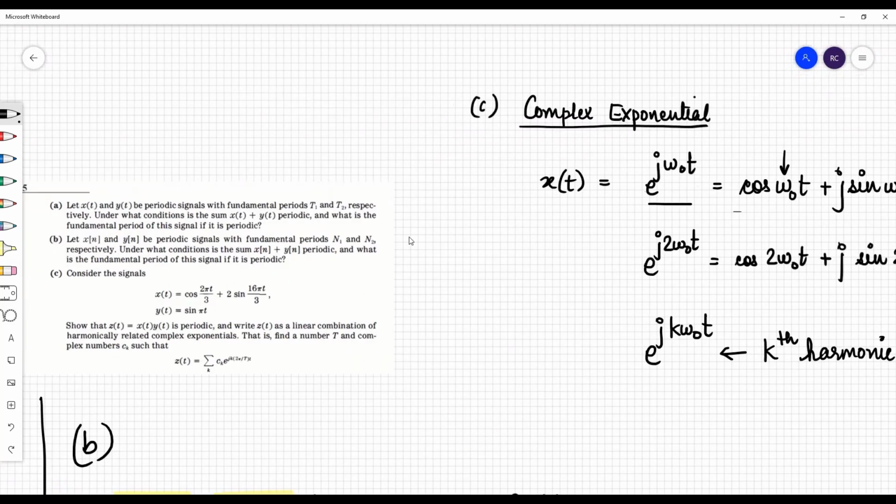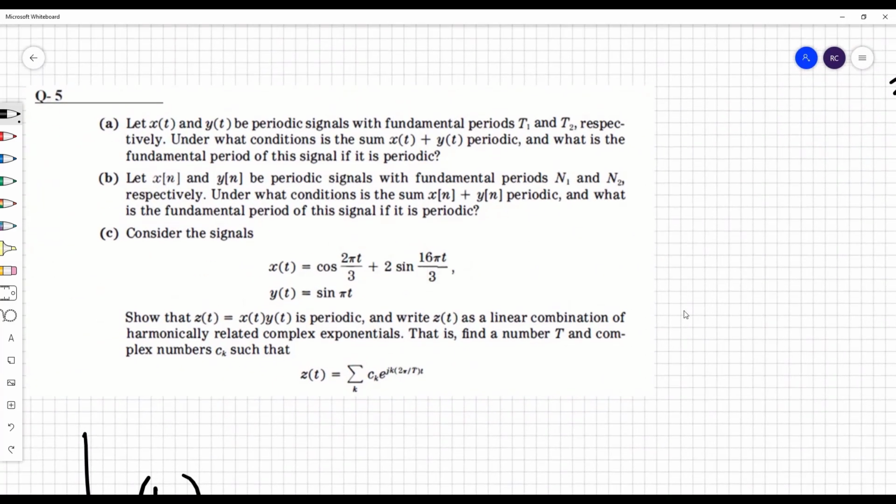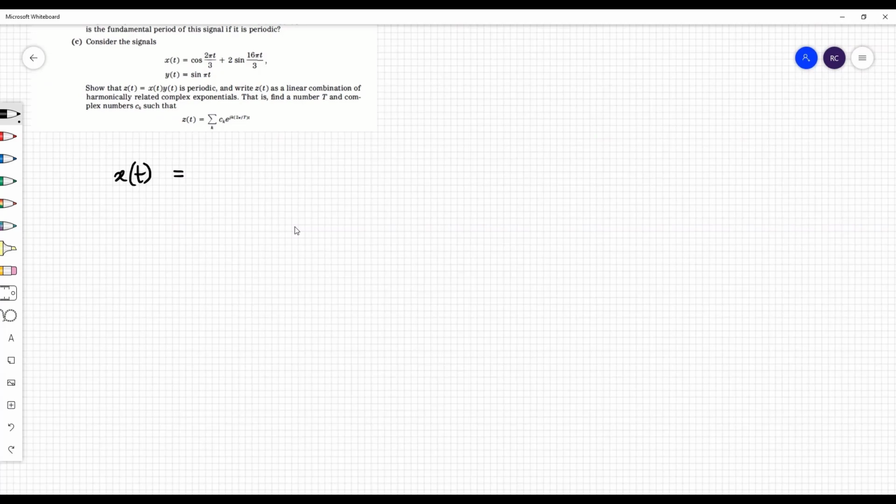So the question is giving us two signals, x(t) and y(t). I'm going to write both x(t) and y(t) in terms of complex exponentials because it would be easier to find a product. So x(t) is cos 2 pi by 3 t. How can I write this? I can write cos 2 pi by 3 t as e to the power j 2 pi by 3 t plus e to the power minus j 2 pi by 3 t, divided by 2, just this term.